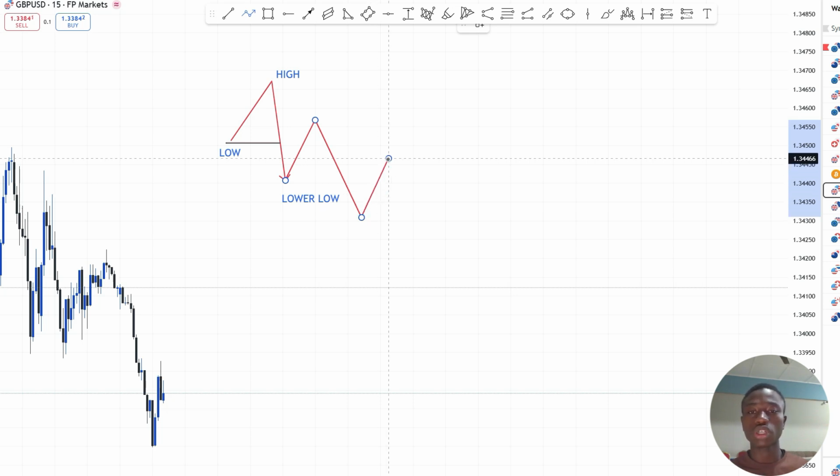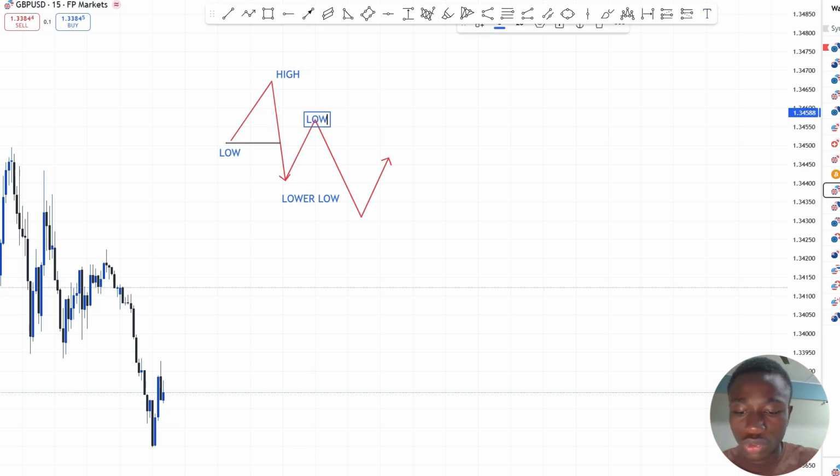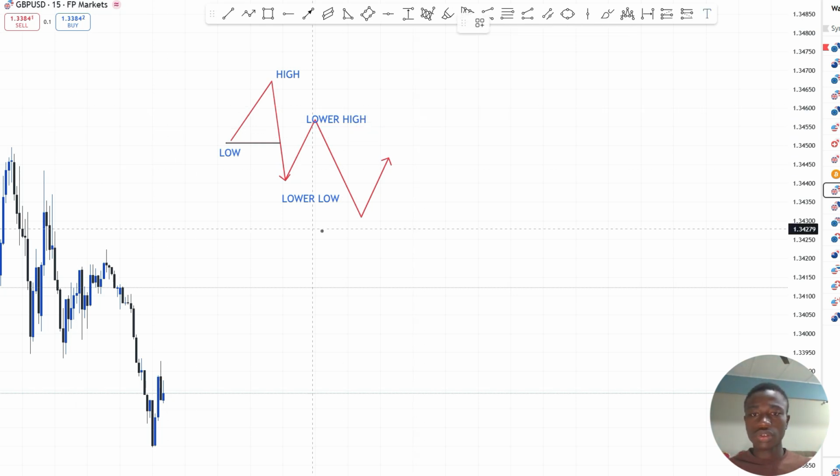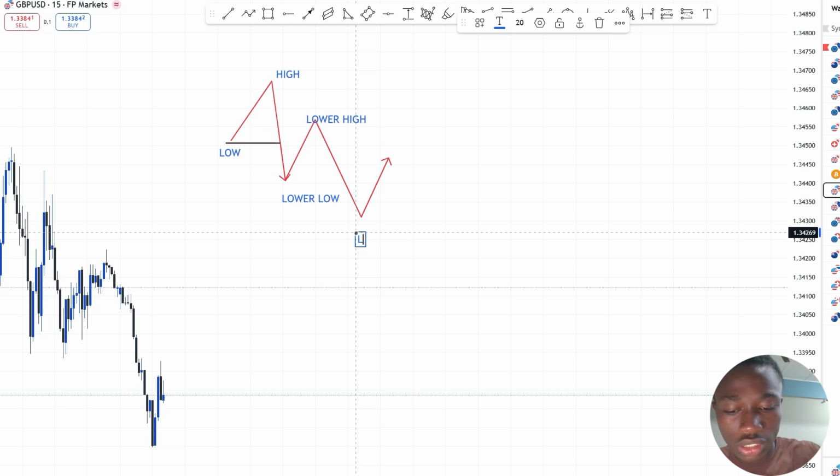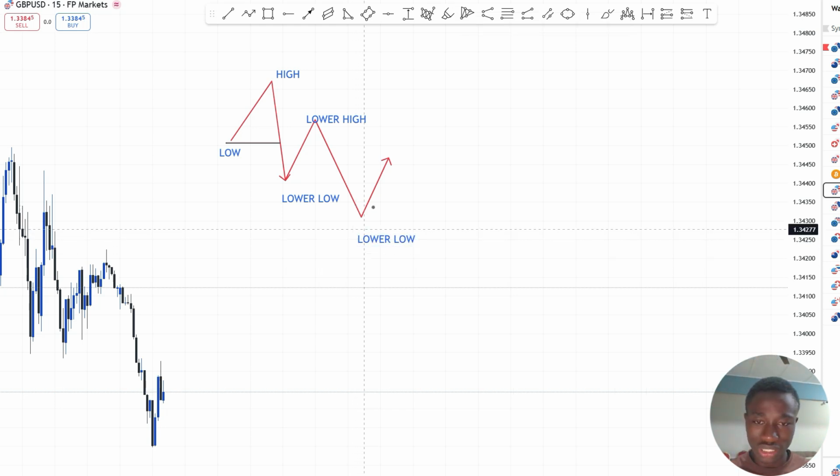Then we are going to have this point as a lower low again. Why? Because this point is lower than this point, and that is why we are calling it a lower low. And this one too is a lower high, because this is a high, but it is lower than the high of this region. That's why we are calling it a lower high.